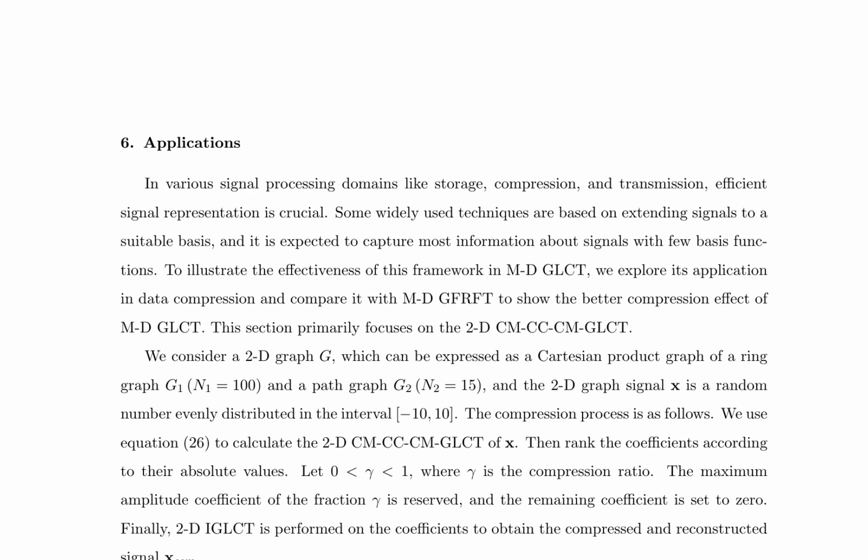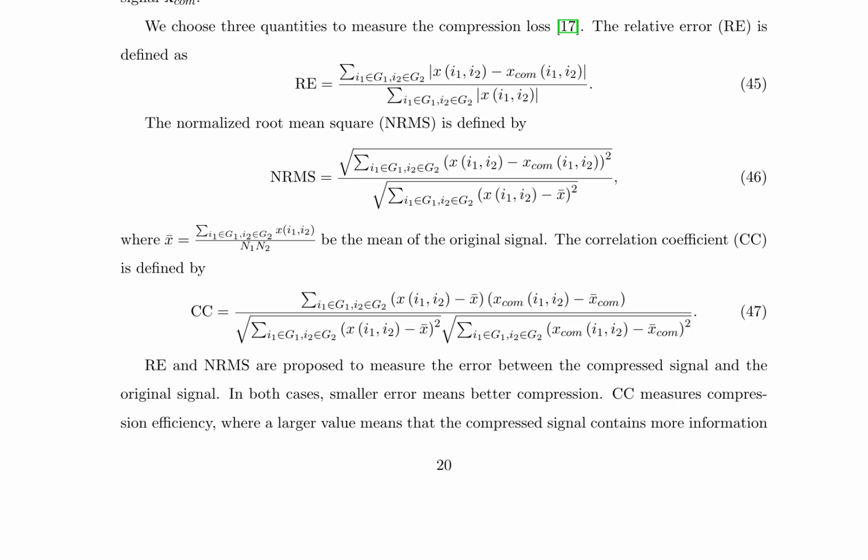The authors use a 2D graph signal as an example, calculating the 2D CM-CC-CM-GLCT of the signal and ranking the coefficients according to their absolute values. They then reserve the maximum amplitude coefficient of a fraction gamma, compression ratio, and set the remaining coefficients to 0. Finally, they perform 2D IGLCT on the coefficients to obtain the compressed and reconstructed signal.